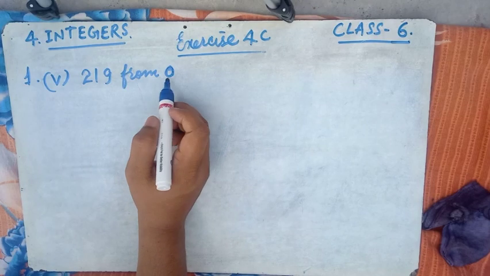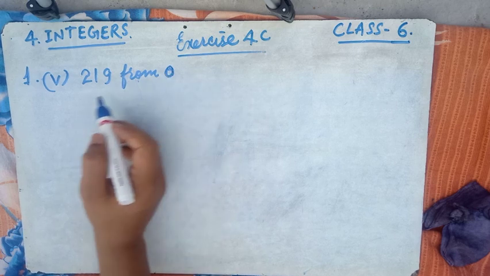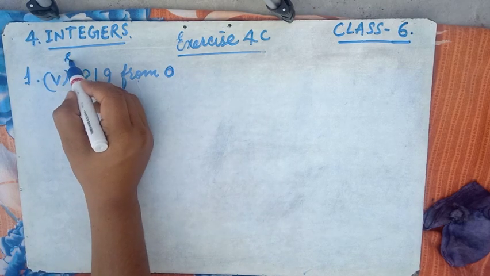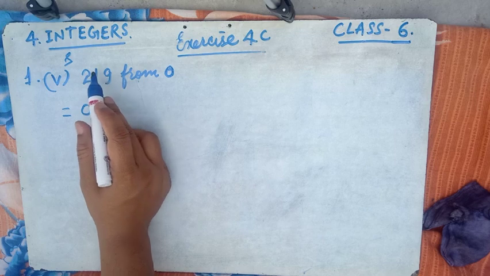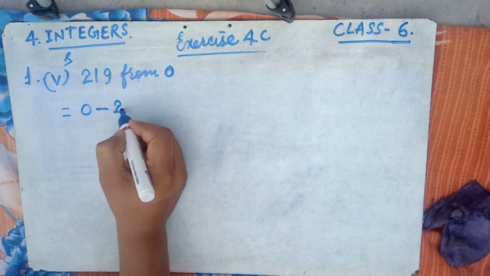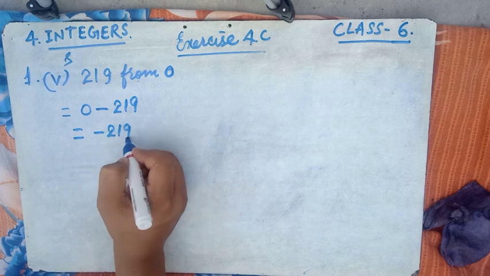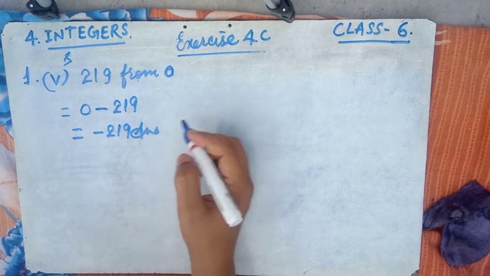The term after "from", bring it first. Then, because we have to subtract, put the minus sign and write the term before "from". So this could be written as minus 219. This is the answer. Now next question, question number 9.